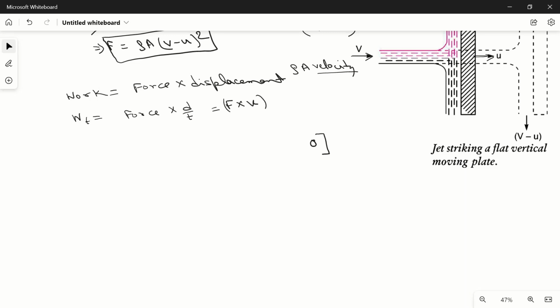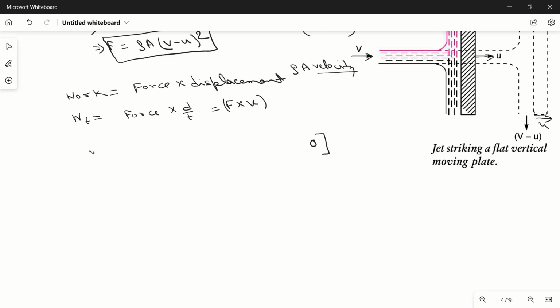So what is the velocity? Sorry, what is the velocity with which the plate is moving, which is u? So the displacement of this plate per unit time will be u, because you can see that the plate is moving with velocity u, and for calculating the work we have to find the displacement of the plate only, not the relative velocity.